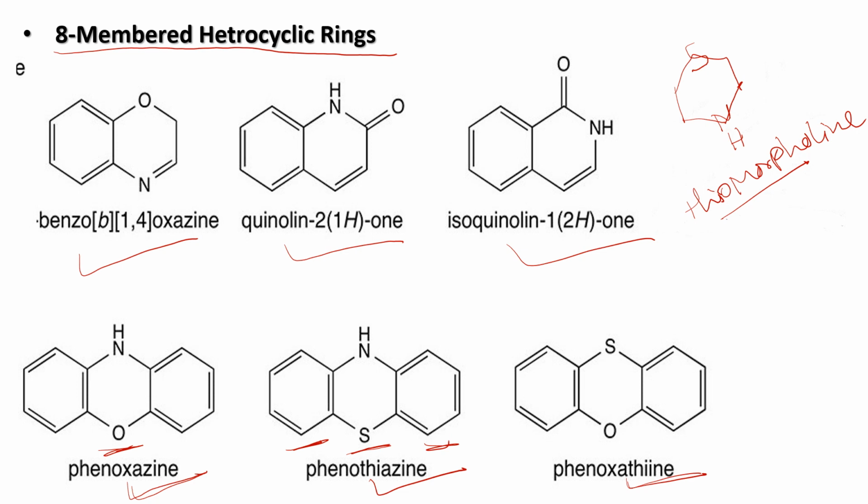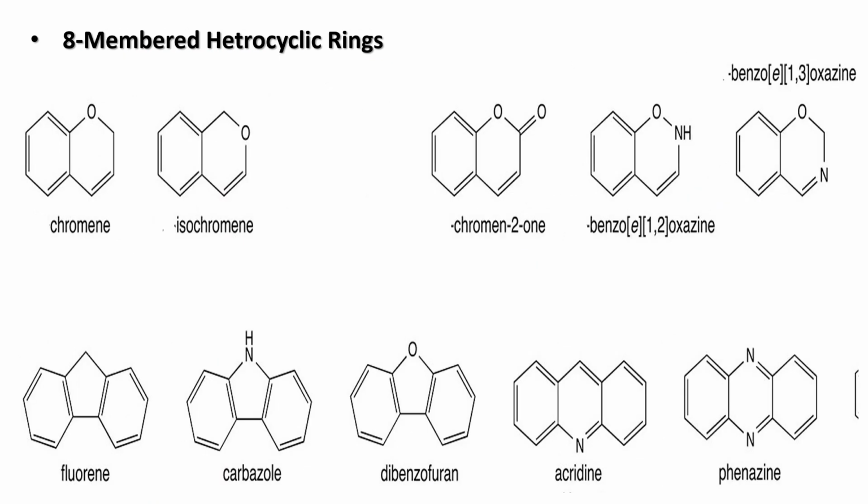Phenoxathiin, right? Chromene, this is chromene. Isochromene, just iso. Then benzoxazine, fluorene, carbazole, dibenzofuran. These are all very important.